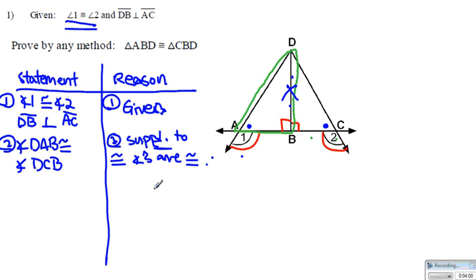All right, now number 3. You see we have perpendicular lines. When we have perpendicular lines, it in fact carries 2 more steps right away. That is angle DBA and angle DBC are right angles.